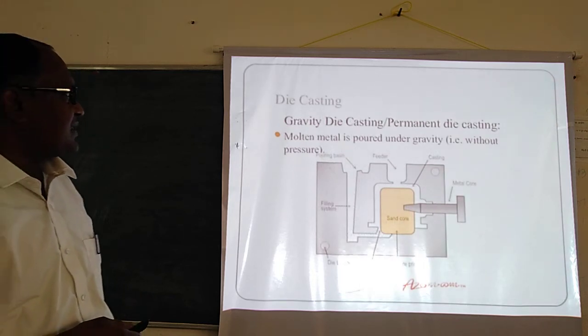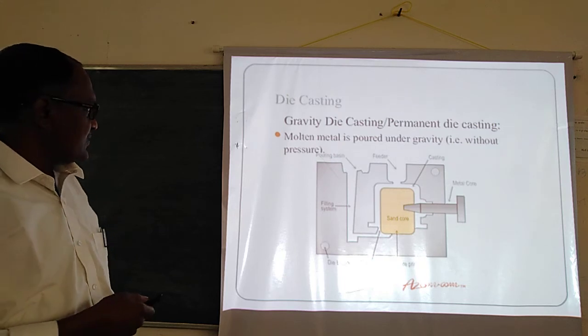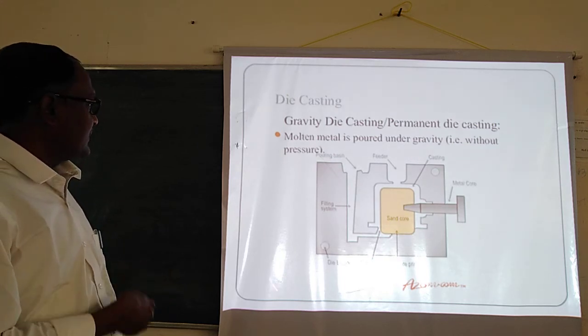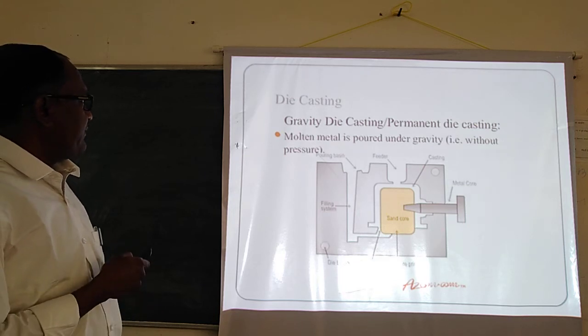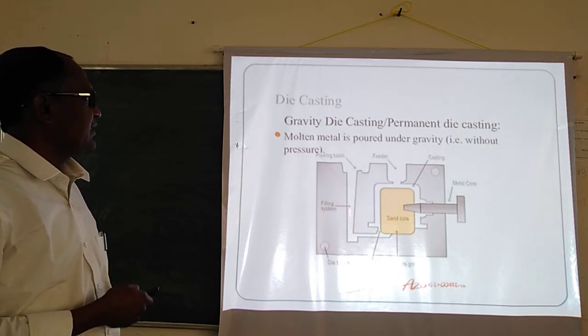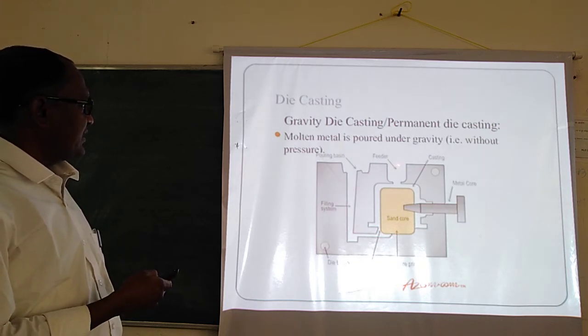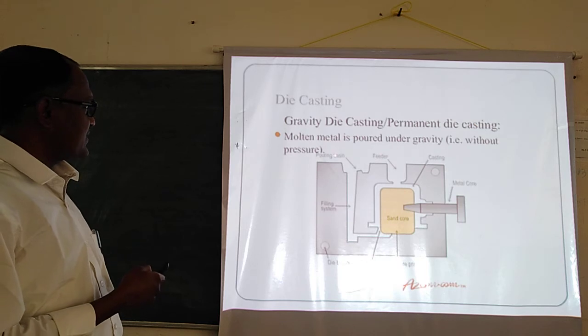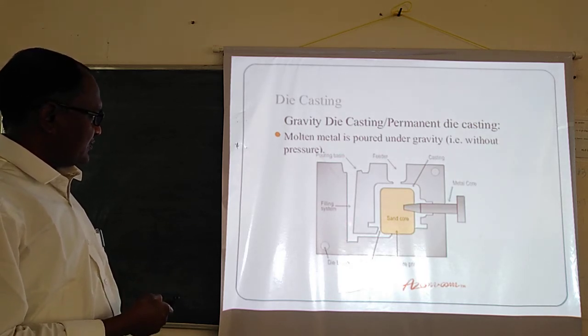This is the die casting, basically permanent die casting or gravity die casting. This is the basic block diagram of gravity die casting. Gravity means no pressure is there. Without pressure you push the molten metal inside the mold cavity. This is the riser, the feeder here. Since you are pouring the molten metal, it passes through this tube.